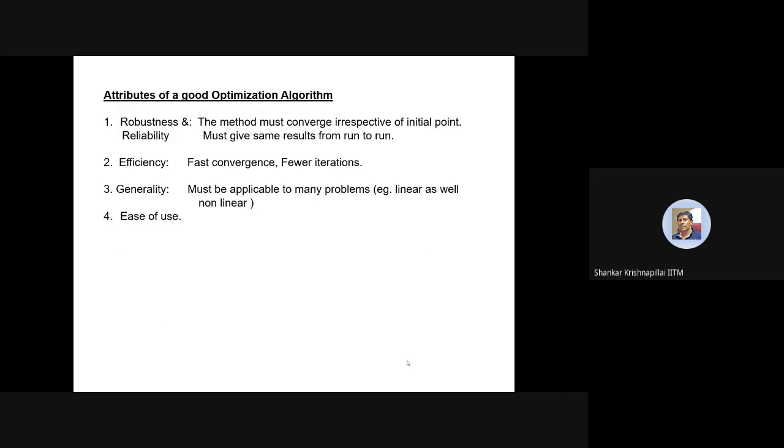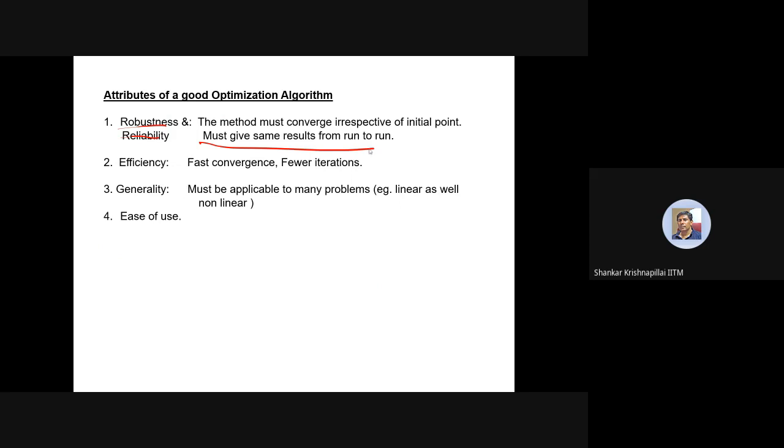And attributes of a good optimization algorithm. First, it should be robust and reliable. Now, what is the meaning of these terms? Robustness means it should be numerically stable, and reliability means it must give the same results from run to run.